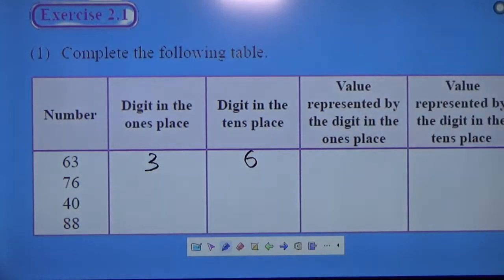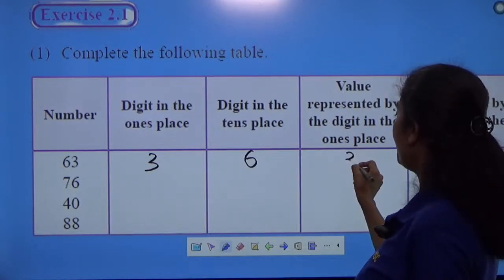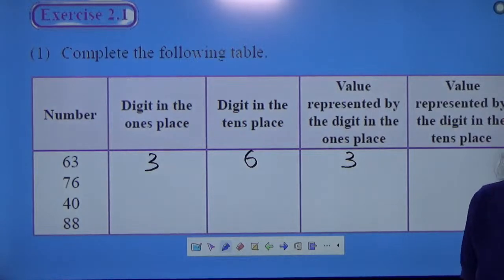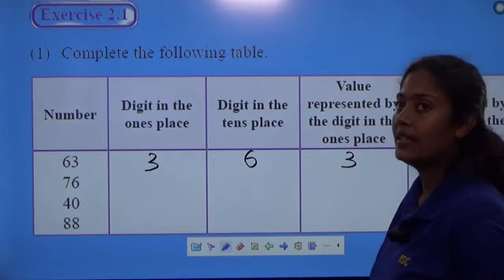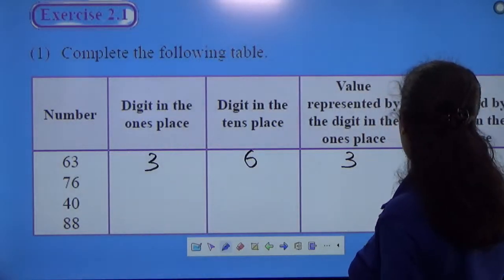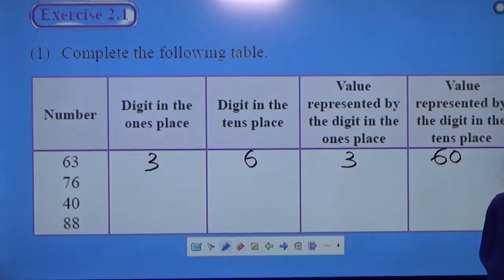Then the value represented by the digit in the ones place, again 3. Then the value represented by the digit in the tens place, that is how much? 60. Right. The remaining 3 questions you can do alone. Finally, I will discuss. Okay.